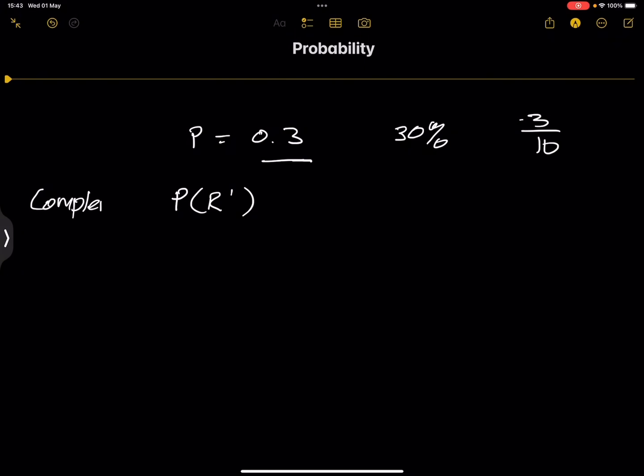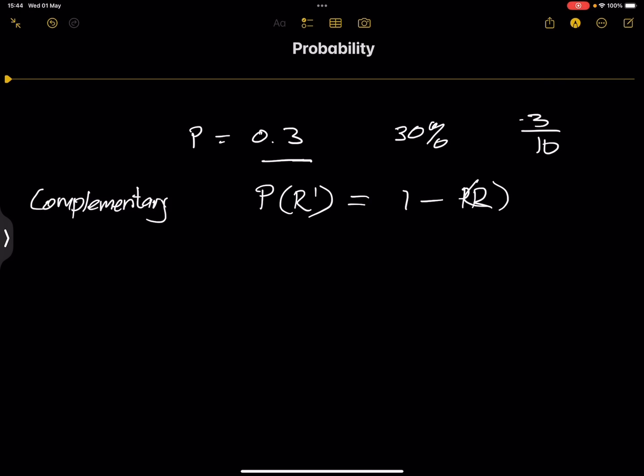The complementary rule simply says, if I know the probability of something taking place, then the probability of that thing not taking place would be 1 minus the probability of it taking place. So if I'm saying the probability that it will not rain, I use not rain as R dash, then this will be 1 minus 0.3, and so that will give us 0.7.